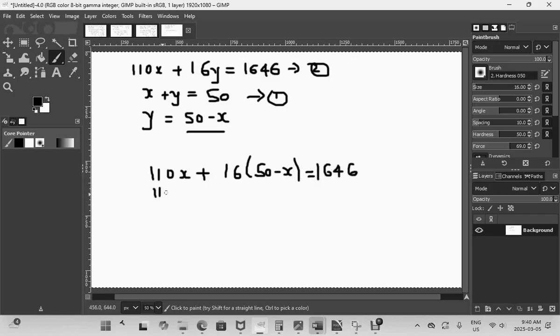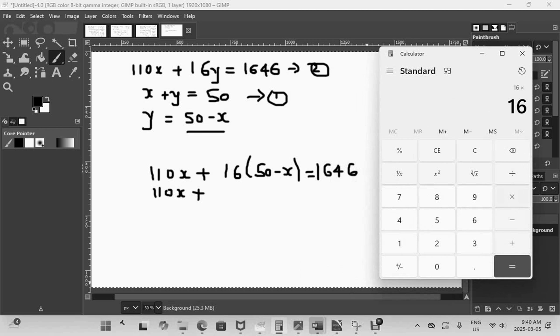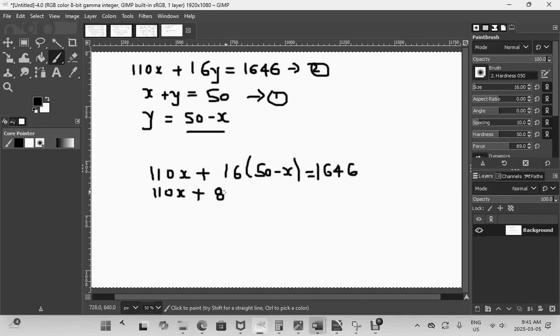This is 110x plus 16 times 50, which is 800, minus 16x, equals 1646.